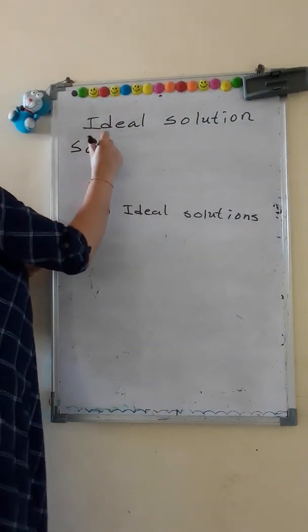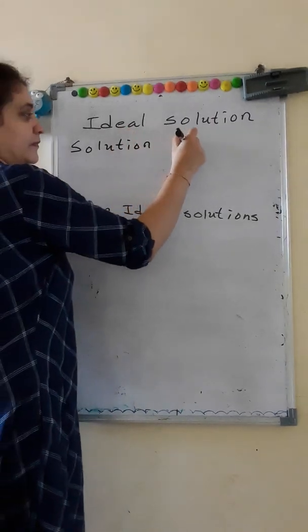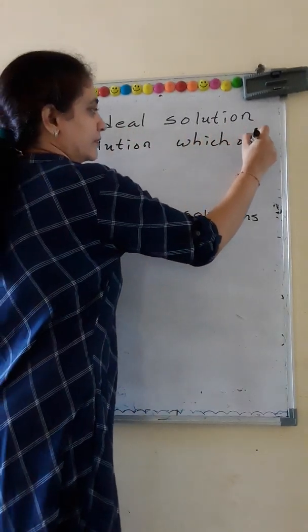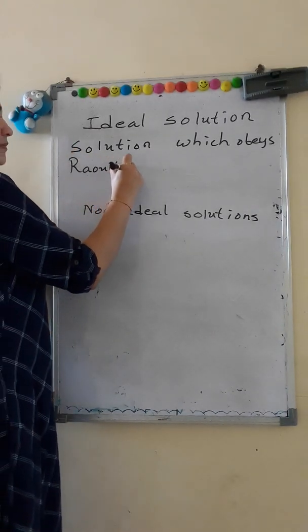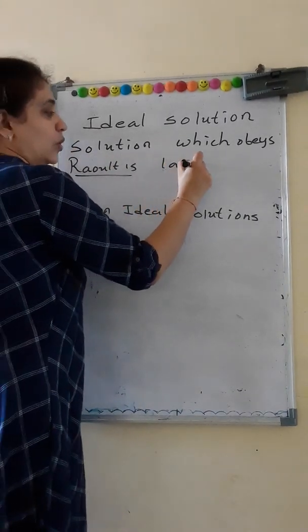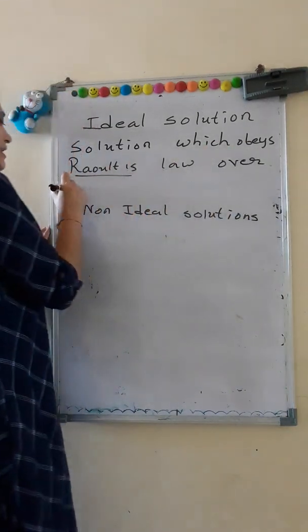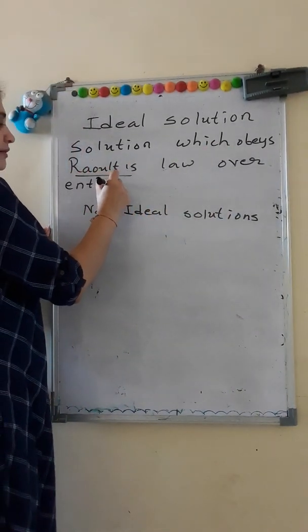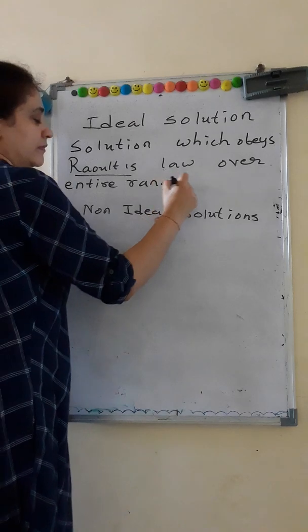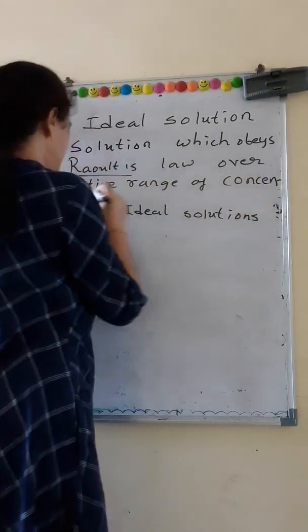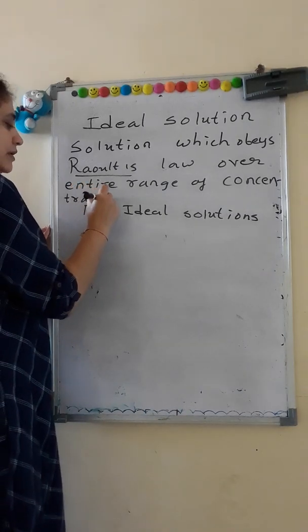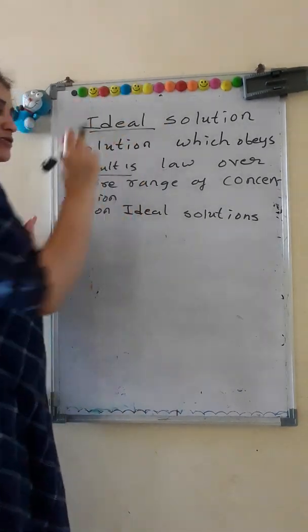So the solution which obeys Raoult's law over the entire range of concentration is called an ideal solution.